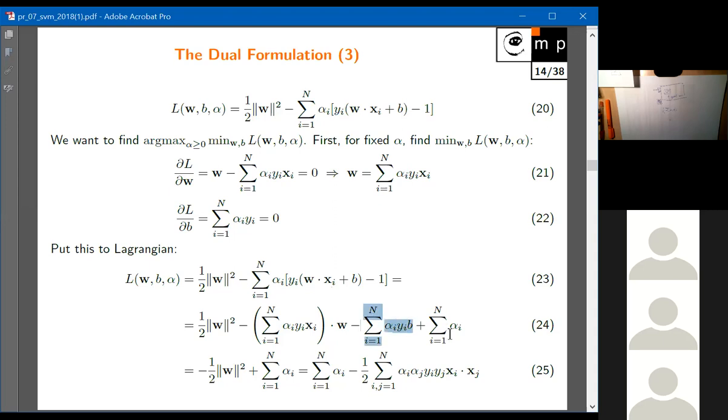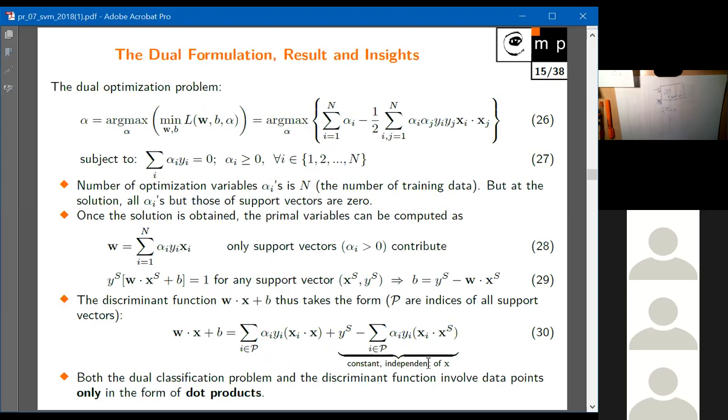The sum of alpha i stays here. And if we substitute for the W from alpha i, yi, xi, we'll get alpha i, alpha j times xi, xj. So that's substituting from 21 for W. So fine, what we achieved is that we got the formula 23.